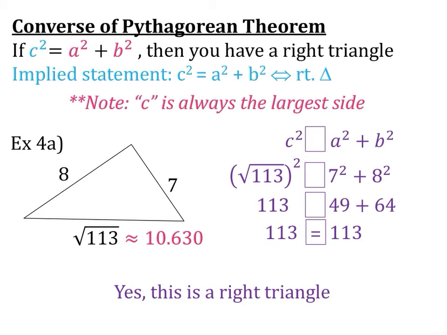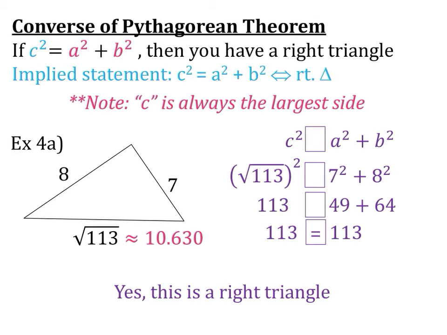After you plug in all your side lengths into the appropriate locations of the formula, you discover that 113 does equal 113, so it's balanced on both sides. I didn't move anything around. I just kept everything on its designated side of the equal sign, and then waited until the very last step to decide whether this triangle is a right triangle.